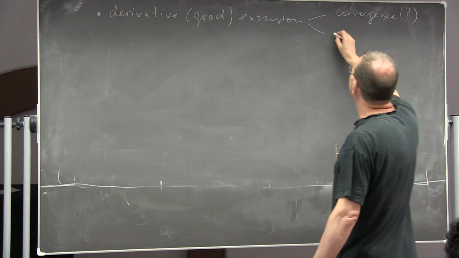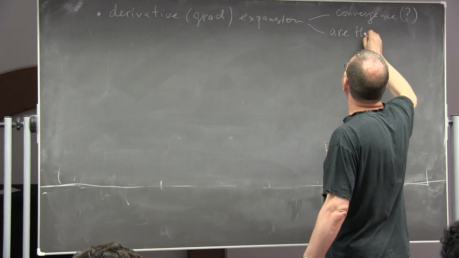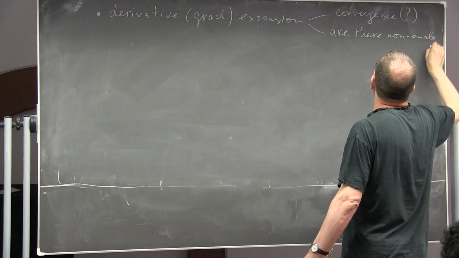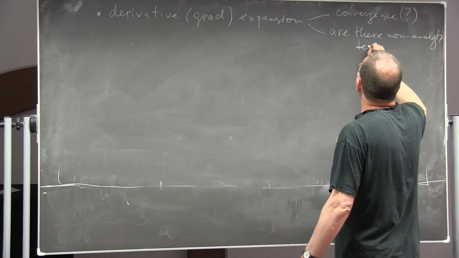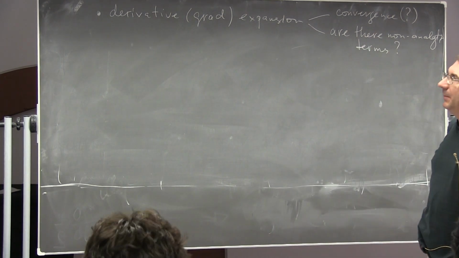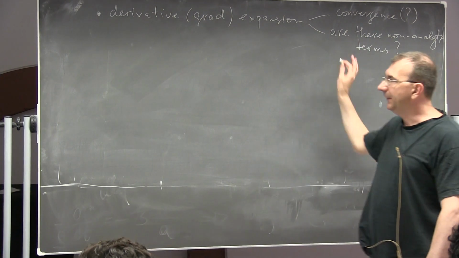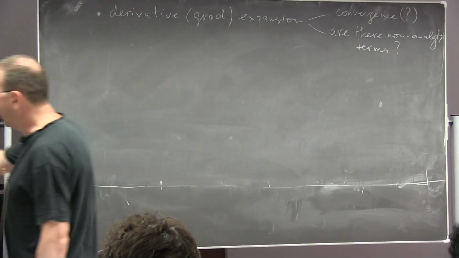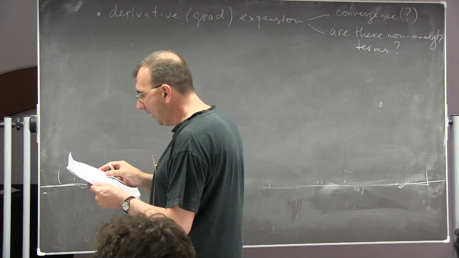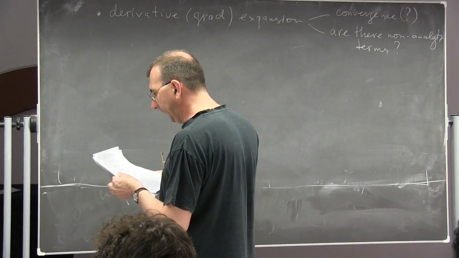So are there non-analytic terms, and if not, why? And if there are, maybe they're suppressed, and so on and so forth. So these questions, of course, arise, and we will try to address them later on. But so far, let's just build this expansion more or less one by one.